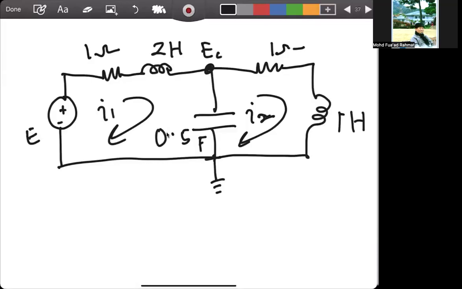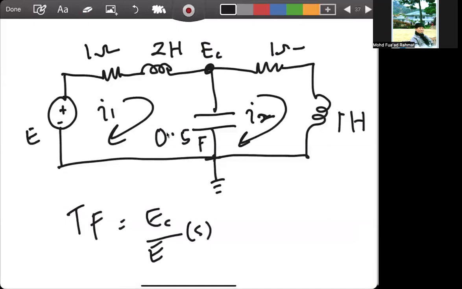So our target is to find the transfer function, which is EC over E, where EC is the output voltage drop at the capacitance, and E is the voltage supply.